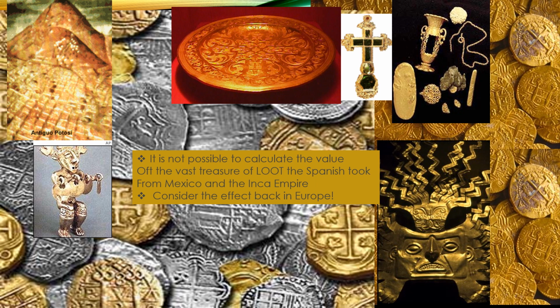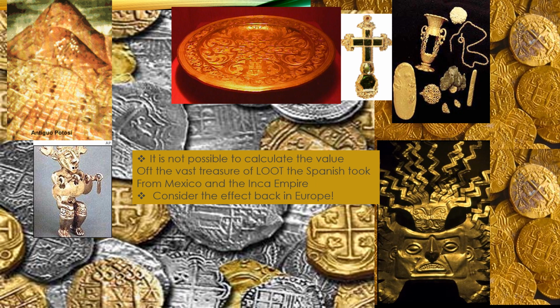One of the main sources was Antigua Potosi, and you can see that in the mountain there on the left. Well, the Inca had been mining that for silver for years and years. The Spanish are going to take it over and put them to work down the mines to get out more. Ladies and gentlemen, Antigua Potosi is a silver mine today.